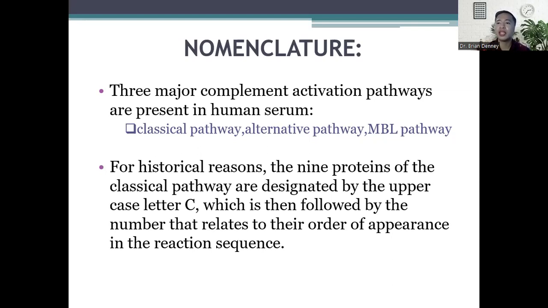What is the order of sequence of activation of the classical complement proteins? Activation: C1, C4, 2, 3, 5, 6, 7, 8, 9. But if the question says, what is the order of discovery of classical complement proteins? C1, C2, 3, 4, 5, 6, 7, 8, 9. I hope you're getting that.